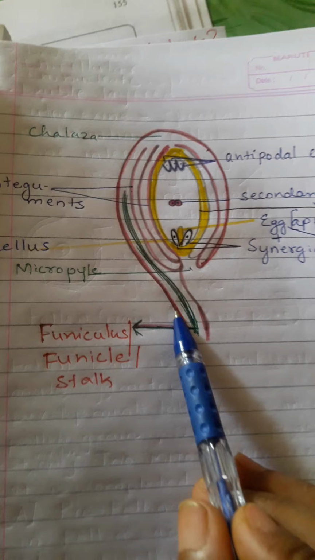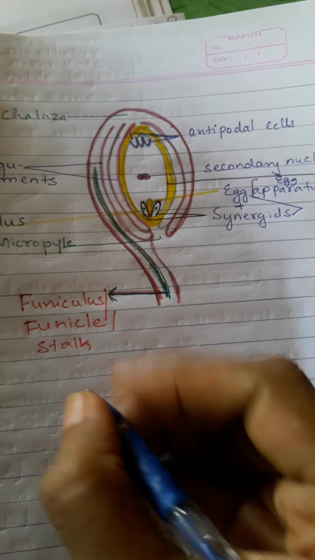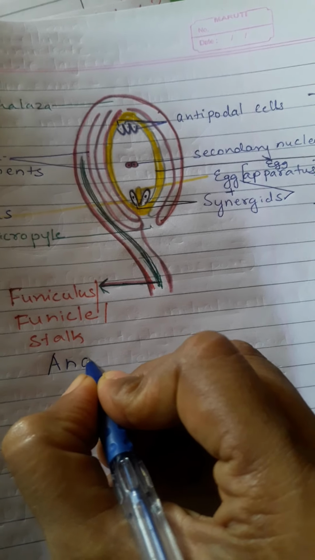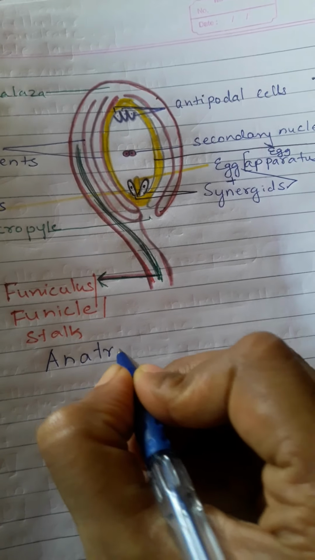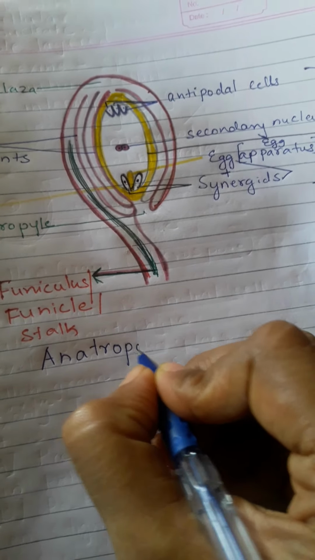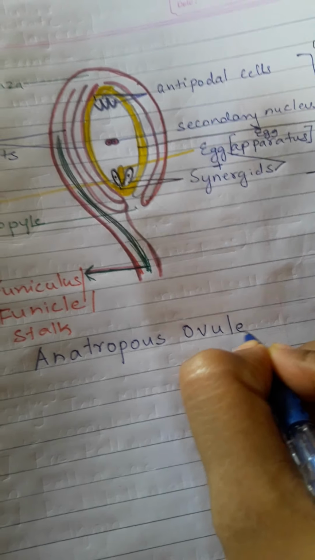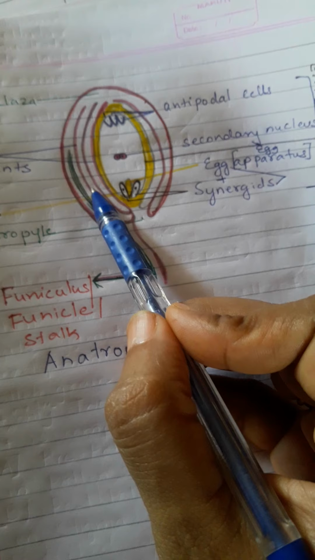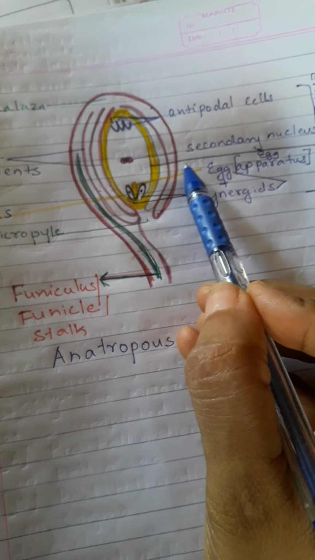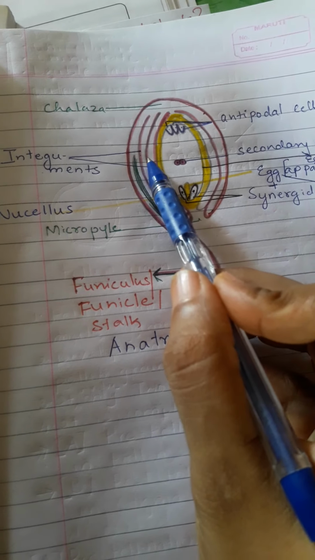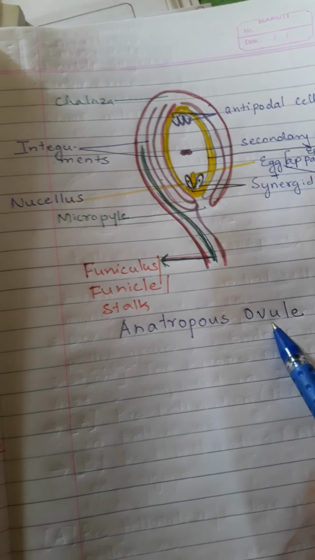Now, this is the diagram of Anatropous ovule. These are the integuments. So, this and this are the integuments of the ovule.